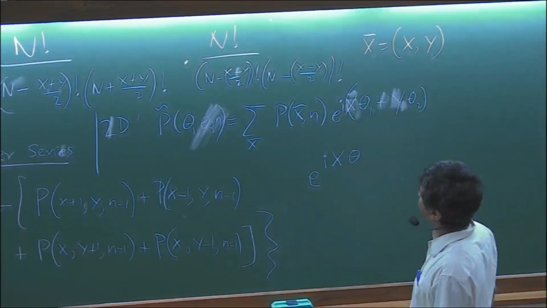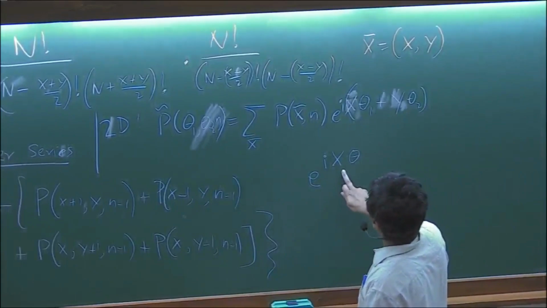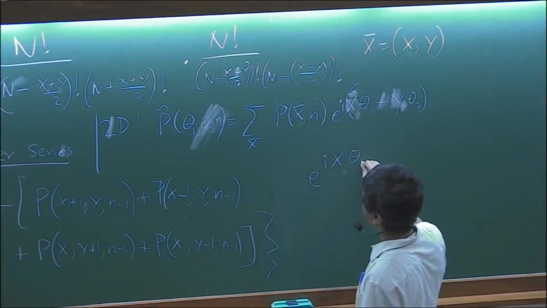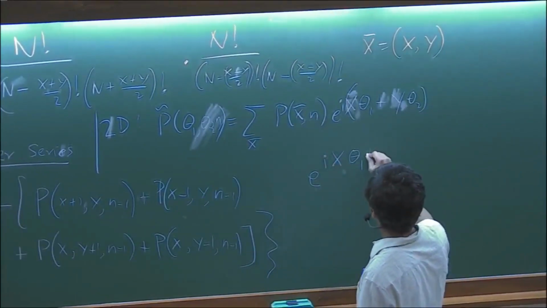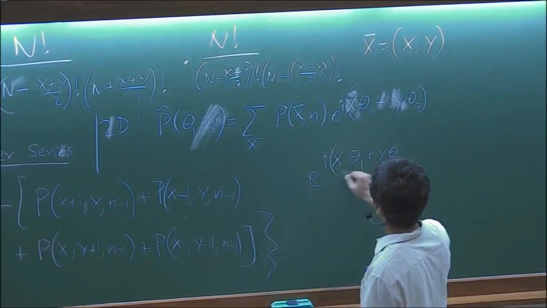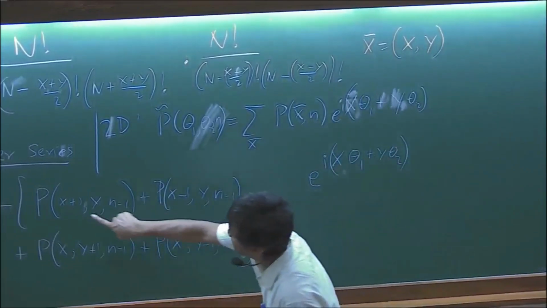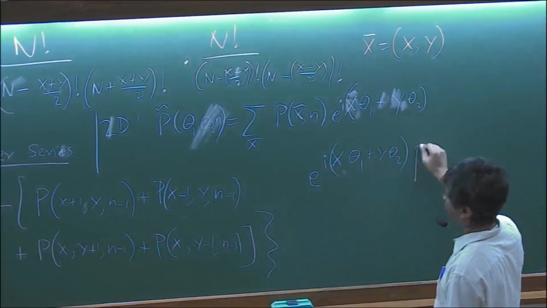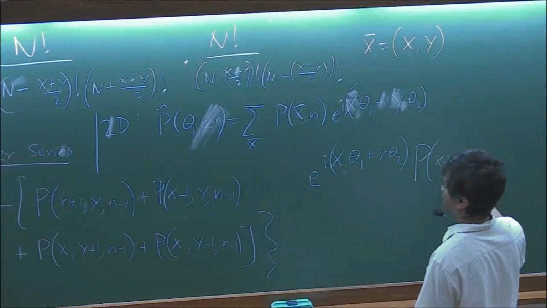So now I want x theta 1 plus y theta 2, times, let's try to understand this term, P of x plus 1.